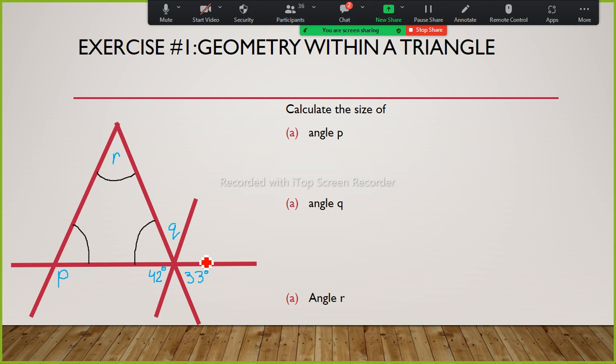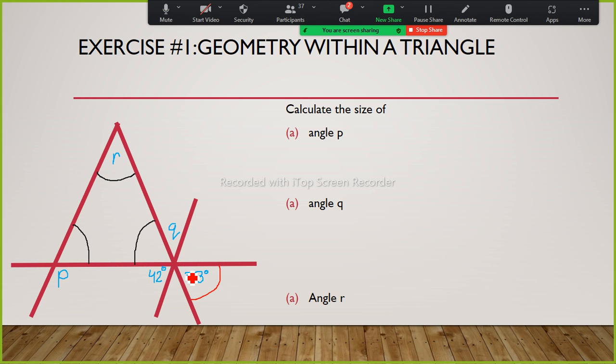Okay. Now, what is this angle right here? The same one on the top right now. No, that's not Q. We know that this one is 33.